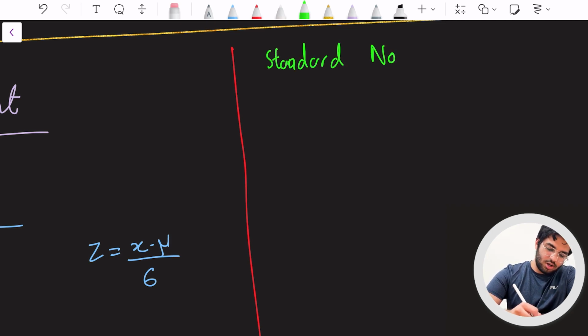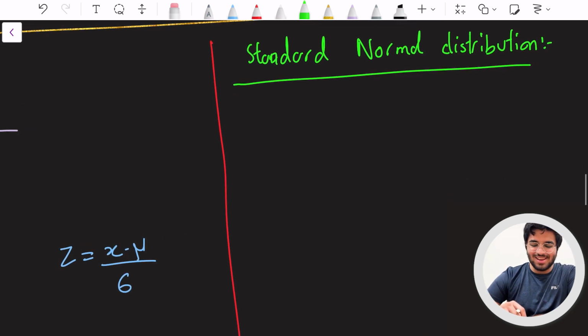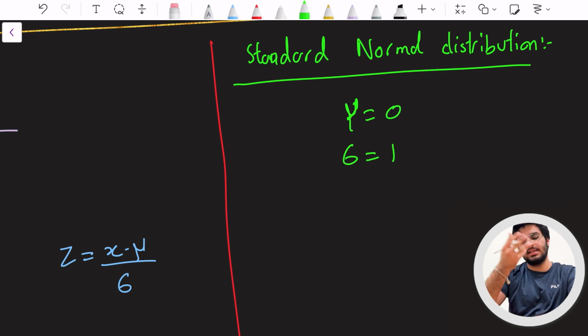It's basically the mean is 0 and the standard deviation is 1. That is the characteristic of a standard normal distribution.